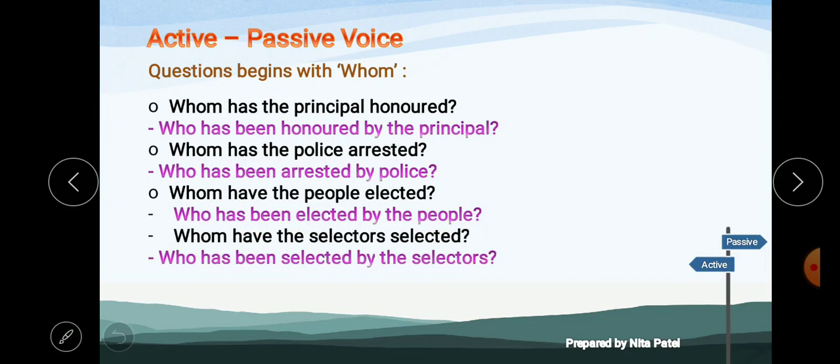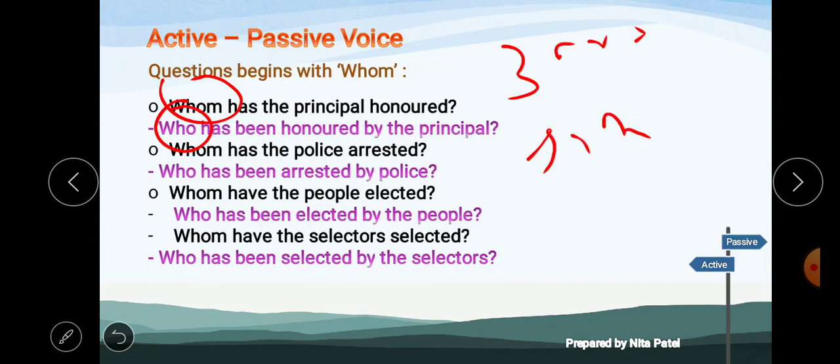One thing that you have to keep in your mind: wherever you write this whom or who, where you don't find any object, go with the third person singular.